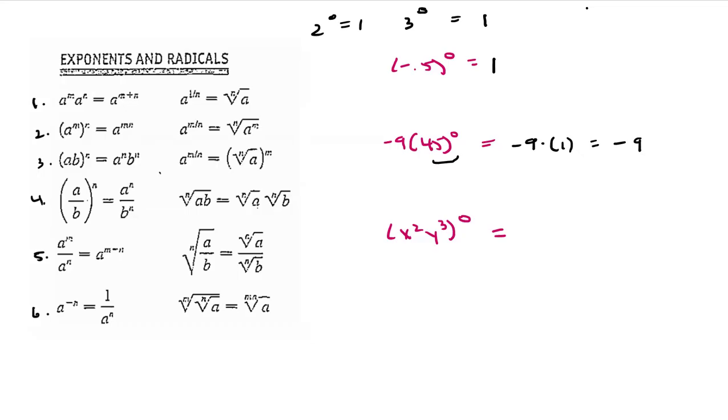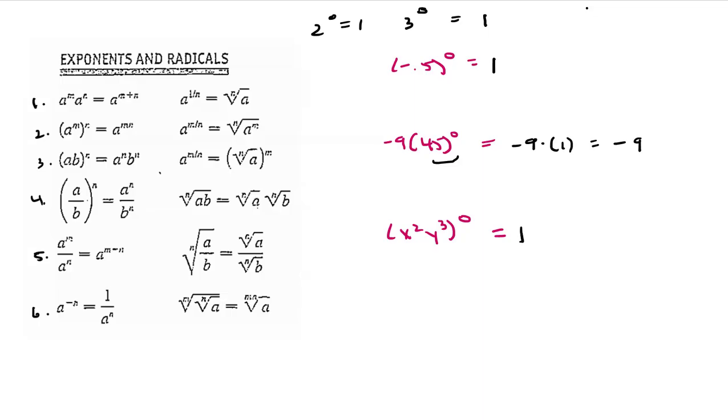Okay. How about this one here? We got x squared times y to the third to the 0 power. What do you think that's going to be? 1. Okay. This is going to be 1 as well.